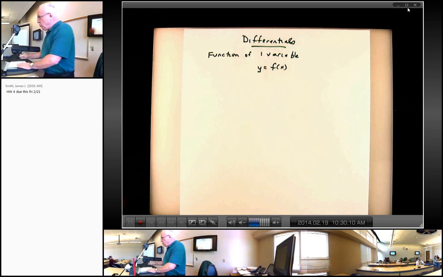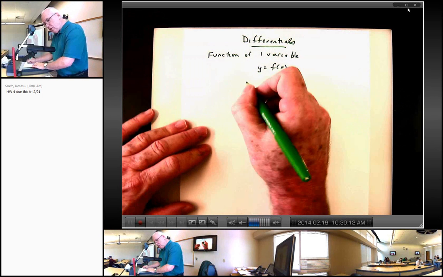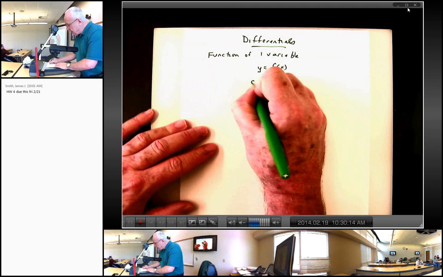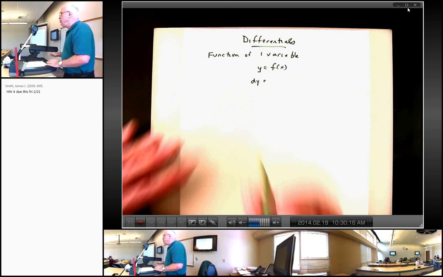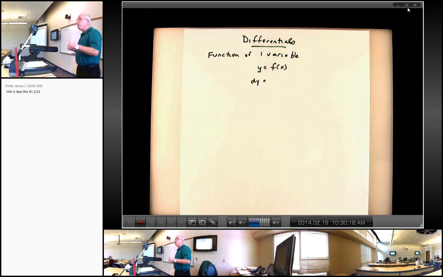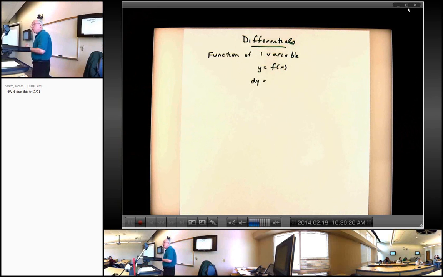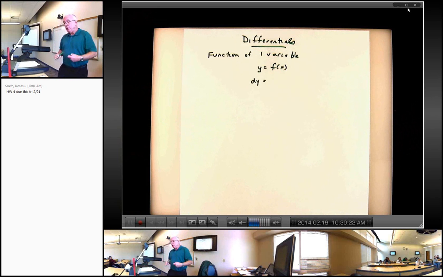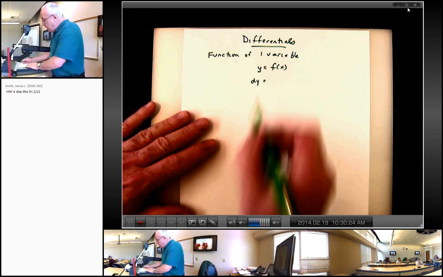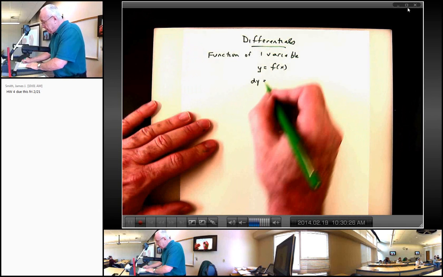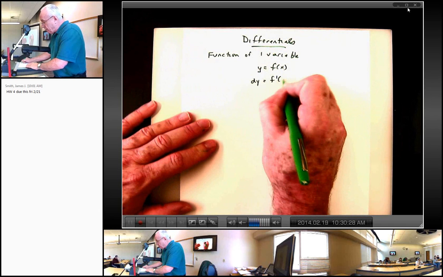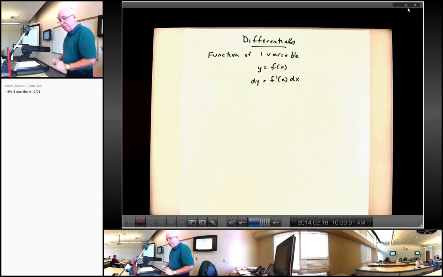Then you were introduced to this thing called a differential, and you use, of course, whenever you do a u substitution, you use the differential when you do a u substitution, okay? You may not think of it that way. But here, dy is equal to the derivative of our function times dx, all right?